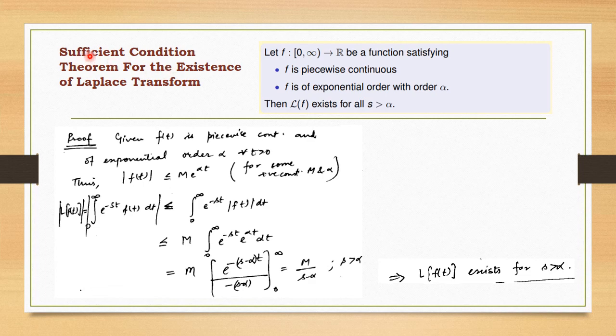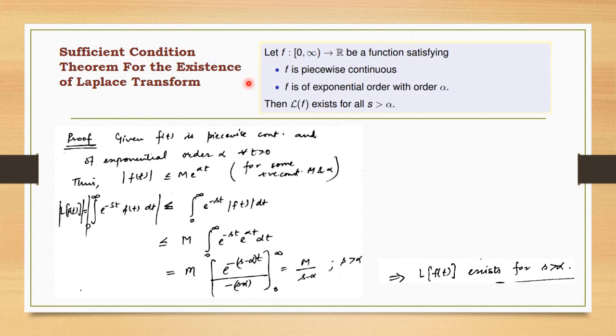The next is the sufficient condition theorem for the existence of the Laplace transform. Now what do we mean by sufficient condition? Sufficient condition means that if any function satisfies some conditions, then under these conditions the Laplace transform always exists. However, the converse may not be true.